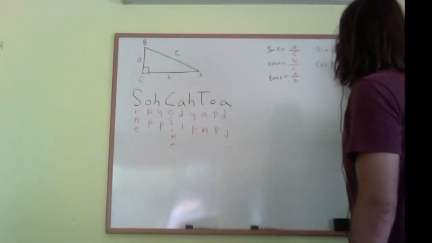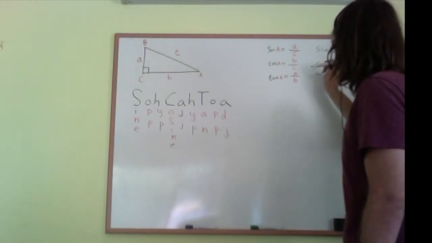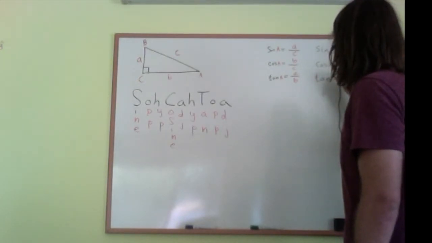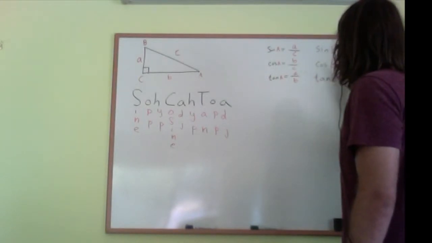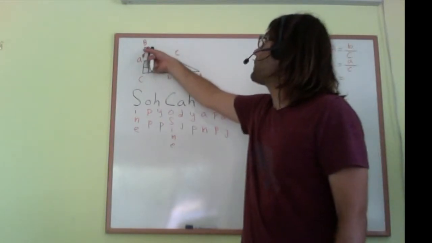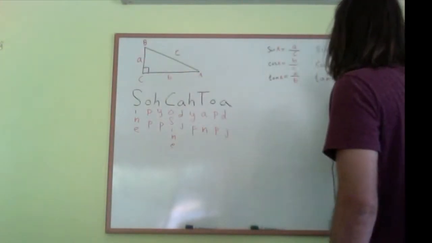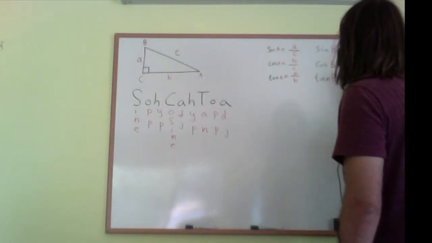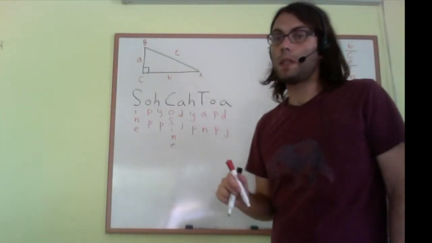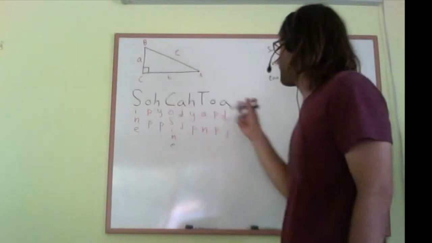And then tangent of big B is going to equal the side opposite big B, which is little b, over the side adjacent to big B, which is A.